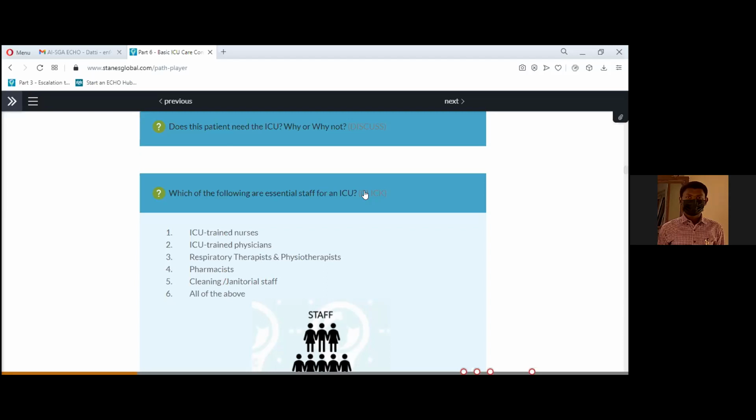So the director is responsible for overseeing all aspects of the ICU, as well as supervising and facilitating other staff members toward the patient care. The medical director should have a full-time commitment to the functioning of the ICU, including scheduling other physicians with at least one ICU specialist for the unit at all times.